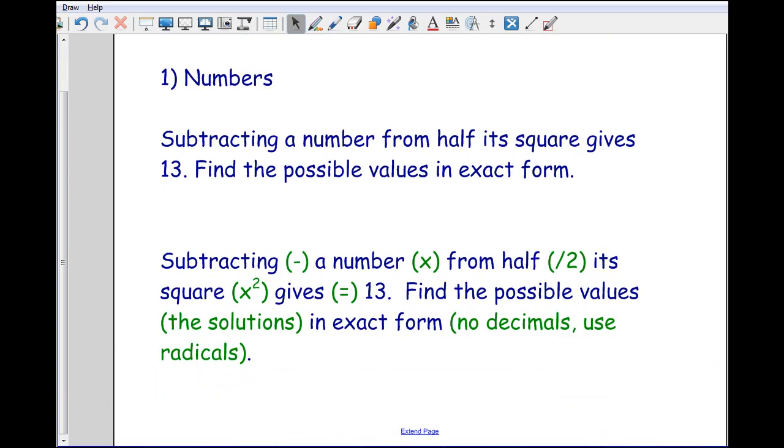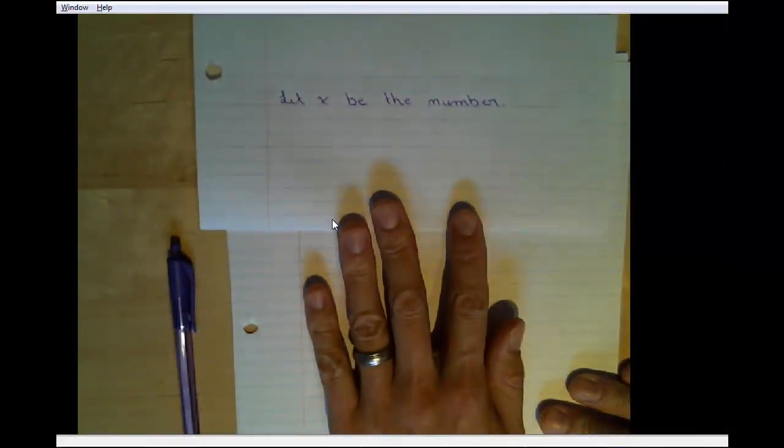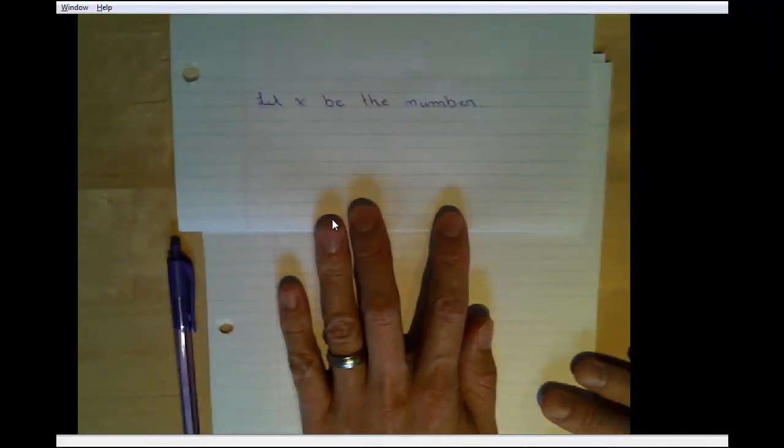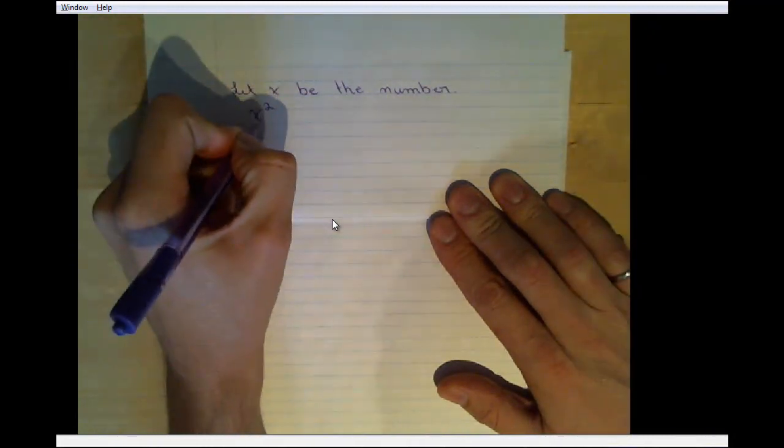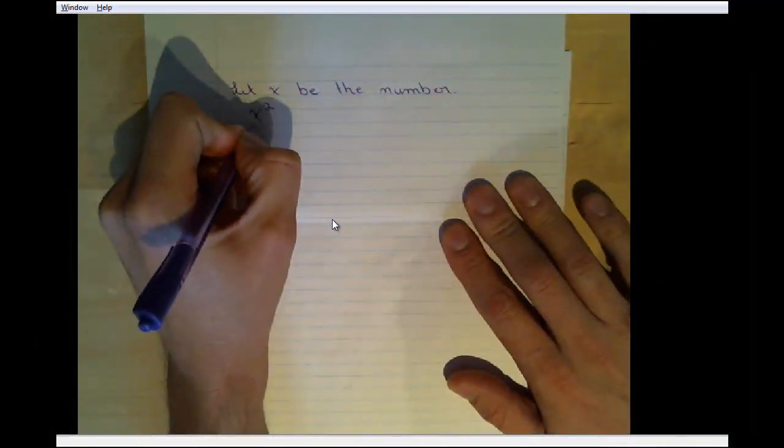Okay, so let's actually solve this. Let x be the number. Got some number, call it x. And when you reread the question, some information you have is that we needed to square x, and then we need to half that.